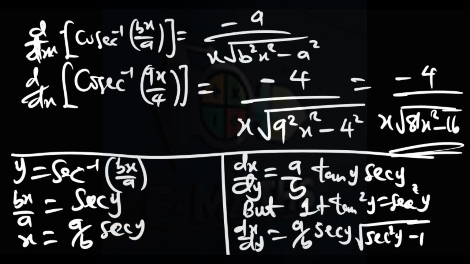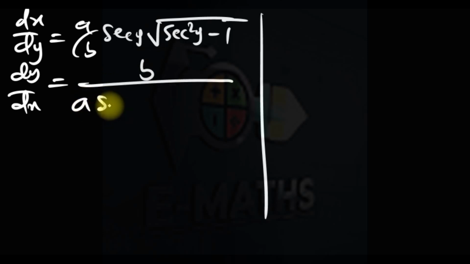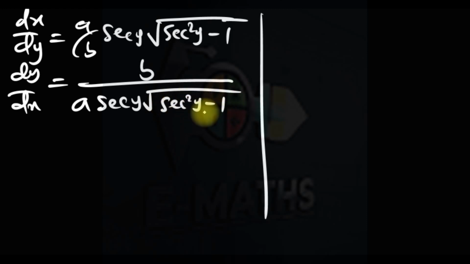We have that dx over dy is a over b sec y square root of sec squared y minus 1. So dy over dx is now equal to b all over a sec y square root of sec squared y minus 1.